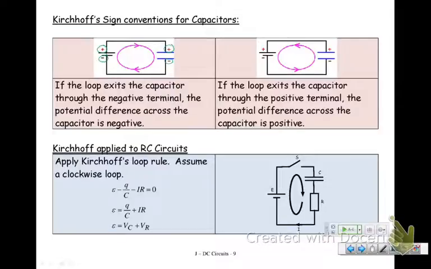Those two are fixed by physics. You can't just decide that. But you're going to draw a loop, and then you're going to say, what plate do I leave by? If a loop exits the capacitor through the negative terminal, the potential difference across the capacitor is negative. So you're treating the same sign convention as you did for EMFs. You just got to know which is the positive plate, which is the negative plate.